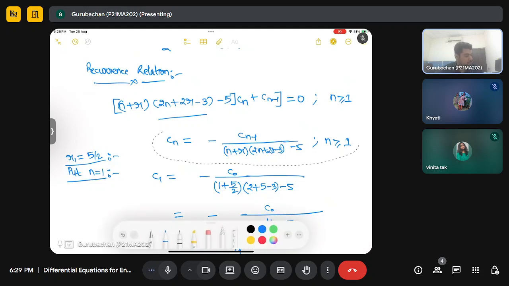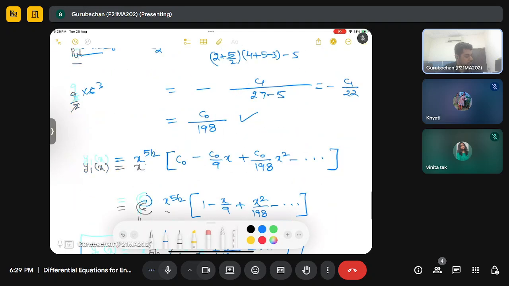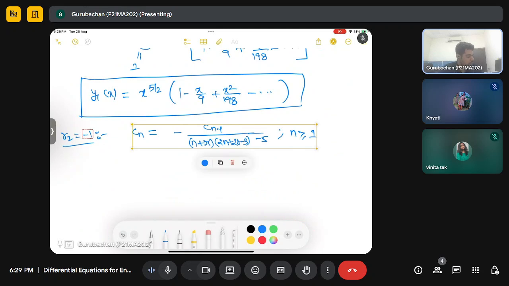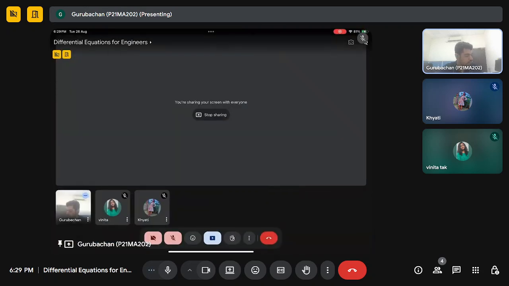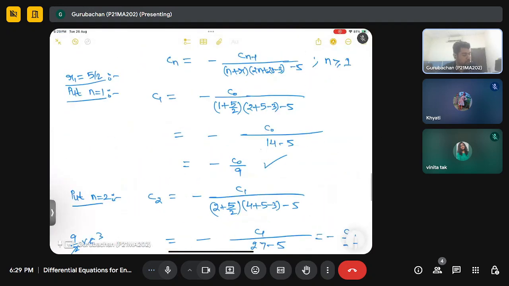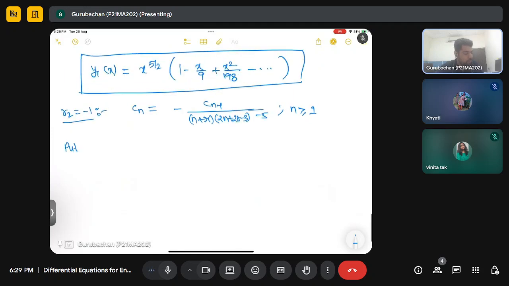So let us calculate for R2 also. This is the recurrence relation for R2. What we will do, we will put n equal to 1, and what happened?